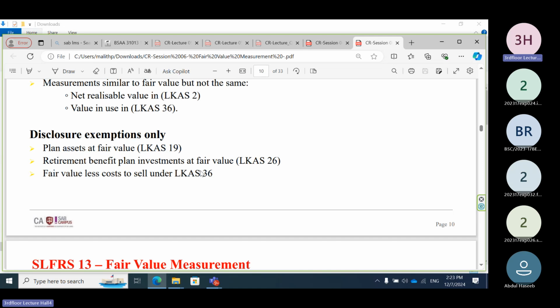Value in use calculation, we don't need to use 13, for measurement and disclosure both. Fair value less cost to sell under LKAS 36: the exemption is only for disclosures, but for measurement you need to follow LKAS 13. Measurement you have to follow LKAS 13, and no need to do disclosures as per 13. You need to follow the 36 disclosures.